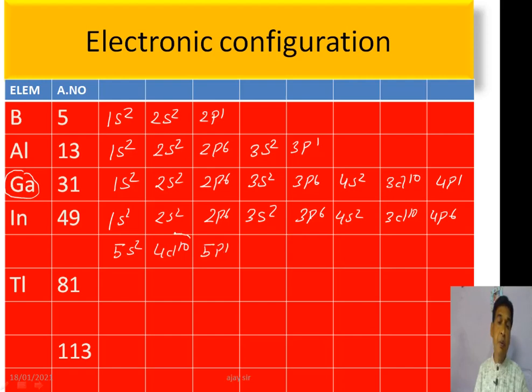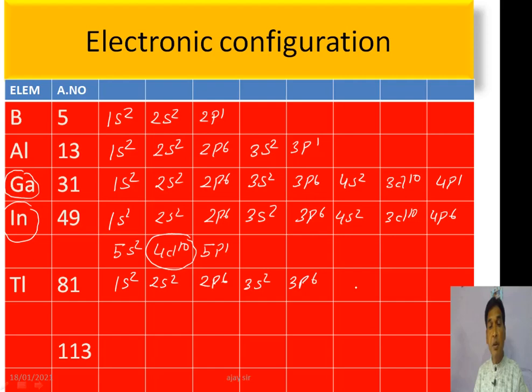It means the 4d10 electrons do not protect the 5s electrons from the attraction of the nucleus of indium, and indium contains 49 protons.